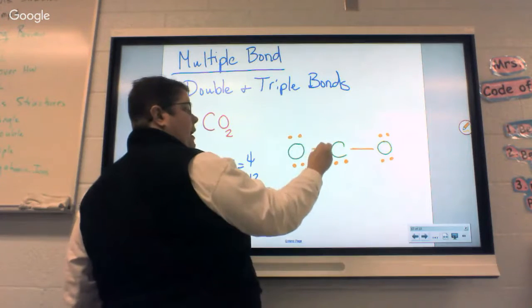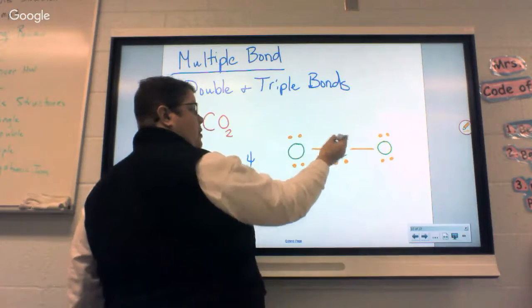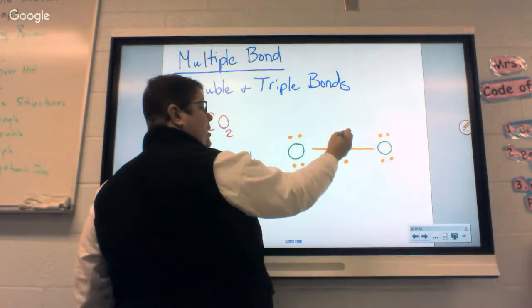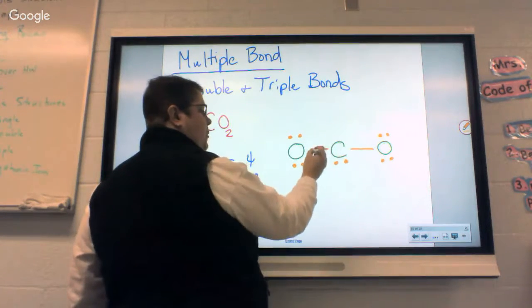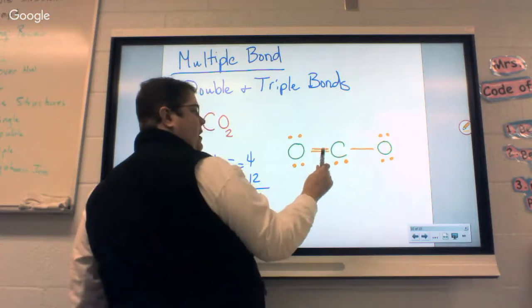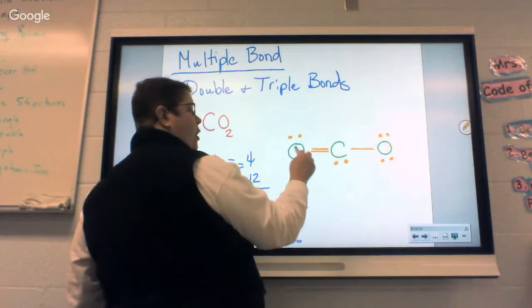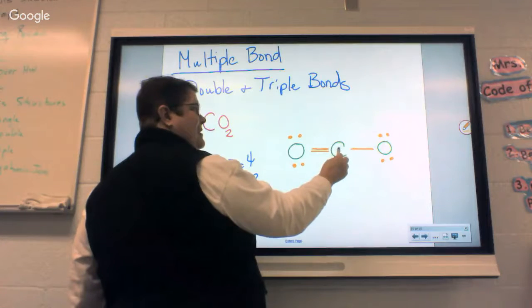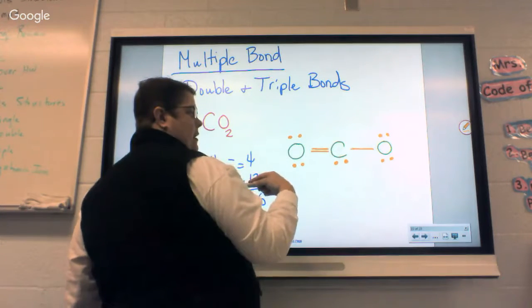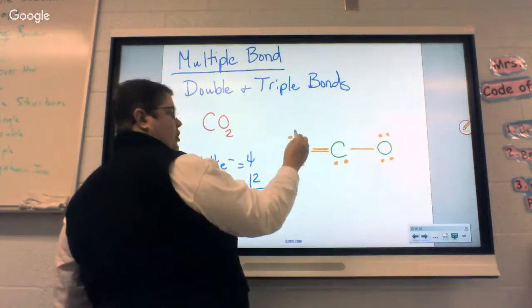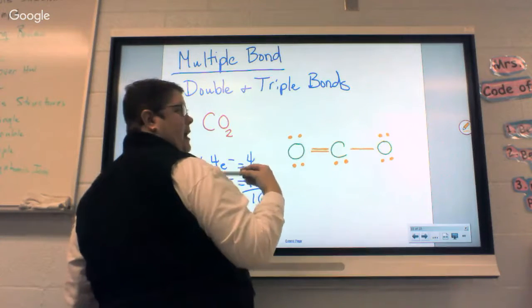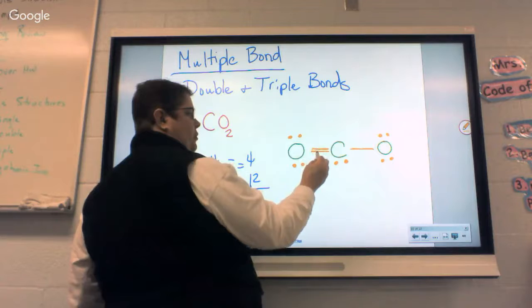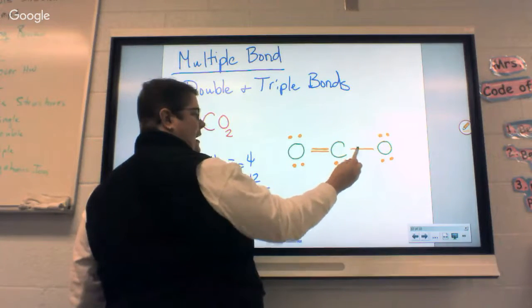So here is where both of them have them. Those 2 dots that C had right here, C is going to take and put here. Because if they're here, now O has it and C has it. So O has 2, 4, 6, 8, and C has 2, 4, 6, 8.